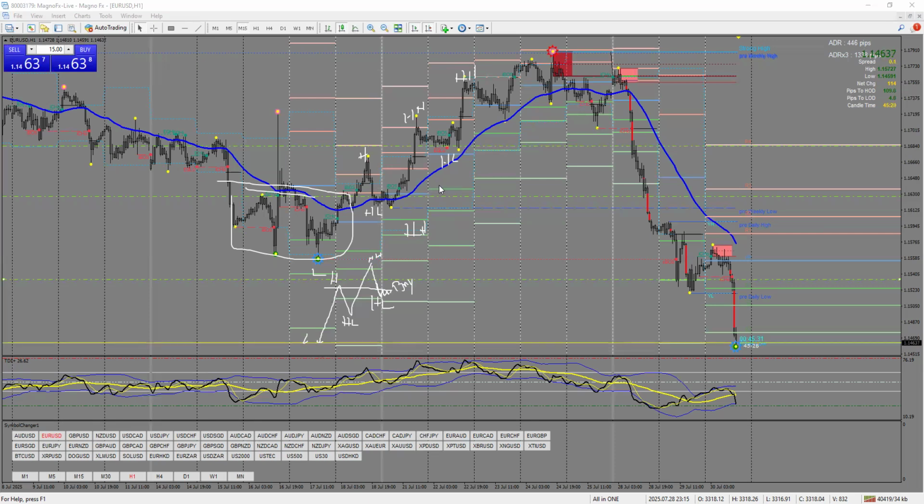Again, in an uptrend, you're looking for it to leave the low, go create a high outside the box, outside of the structured consolidation zone that it was ranging in. Once it does that, then you want it to make a higher low and not go back to the low of that structure.